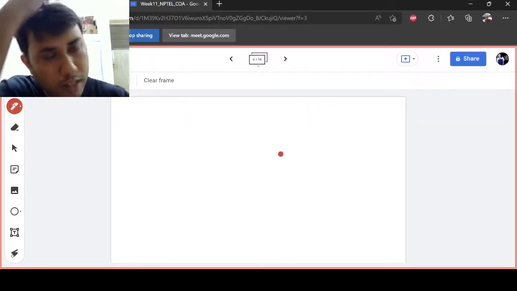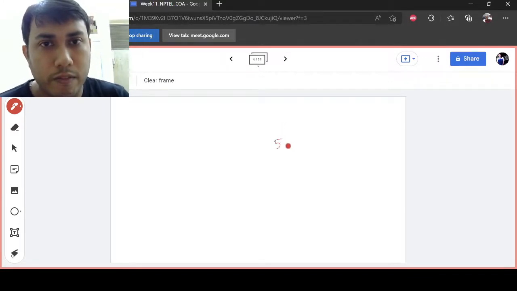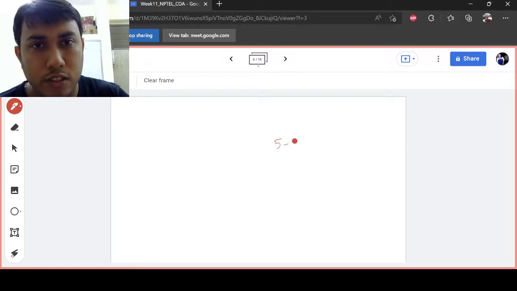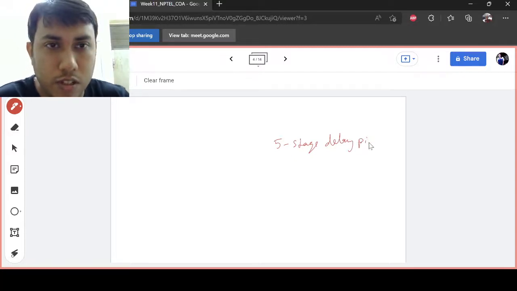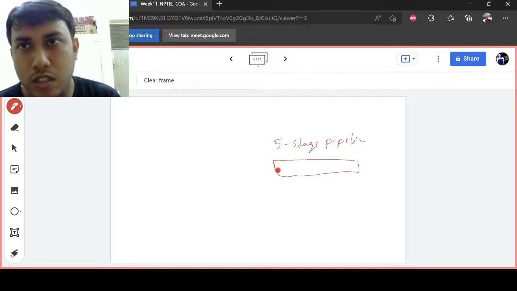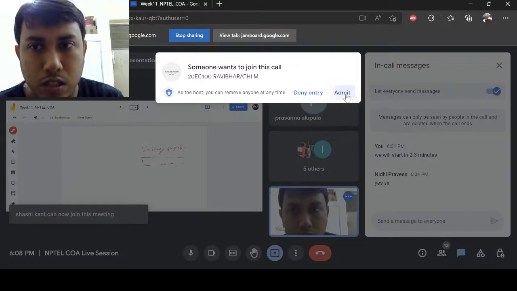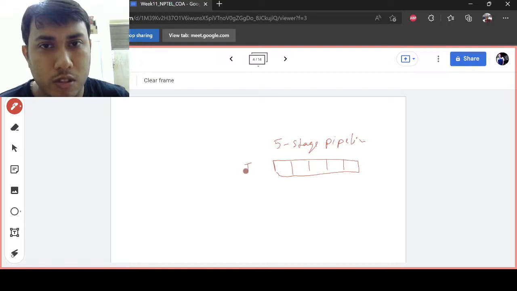Suppose we have a five stage pipeline. In a five stage pipeline, this is instruction 1, and the next instruction follows it.